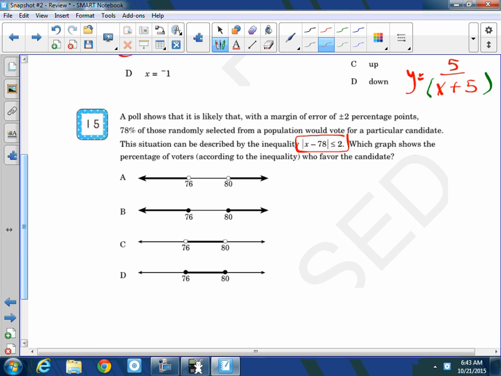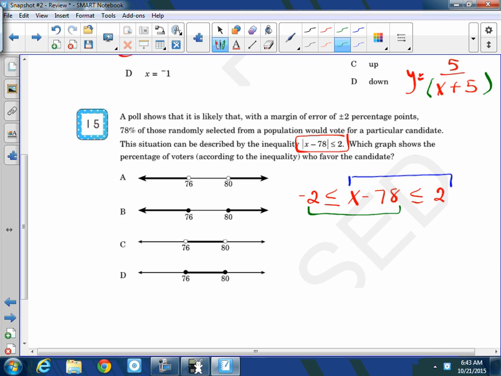That's a bunch of blah, blah, blah, just to tell you that there is an absolute value inequality, okay? So remember, x minus 78 less than or equal to 2, we're going to move that inequality sign to the front, but with a negative 2 in front of it, all right? So first part, and then second part, okay?